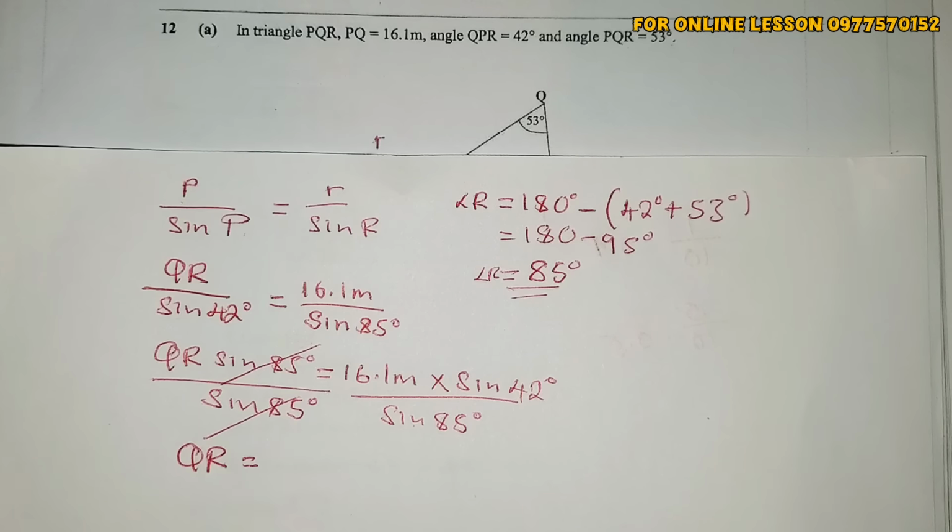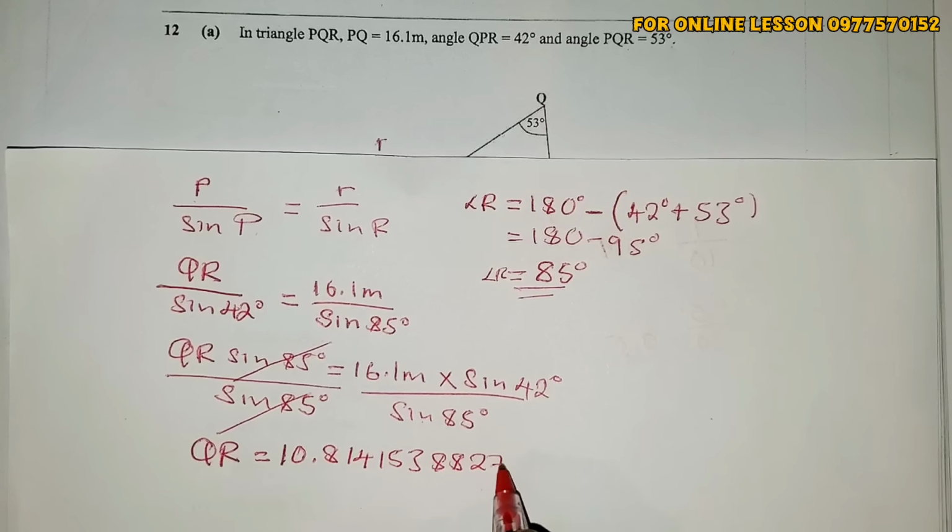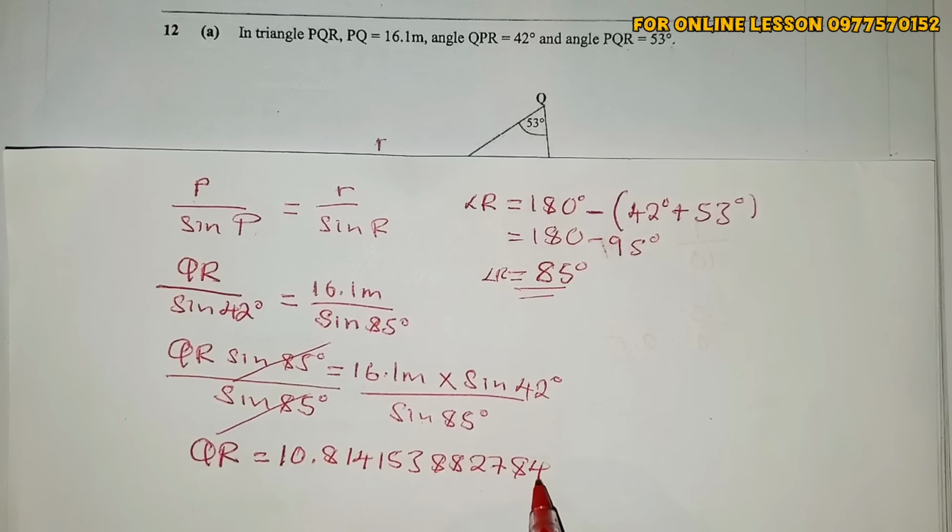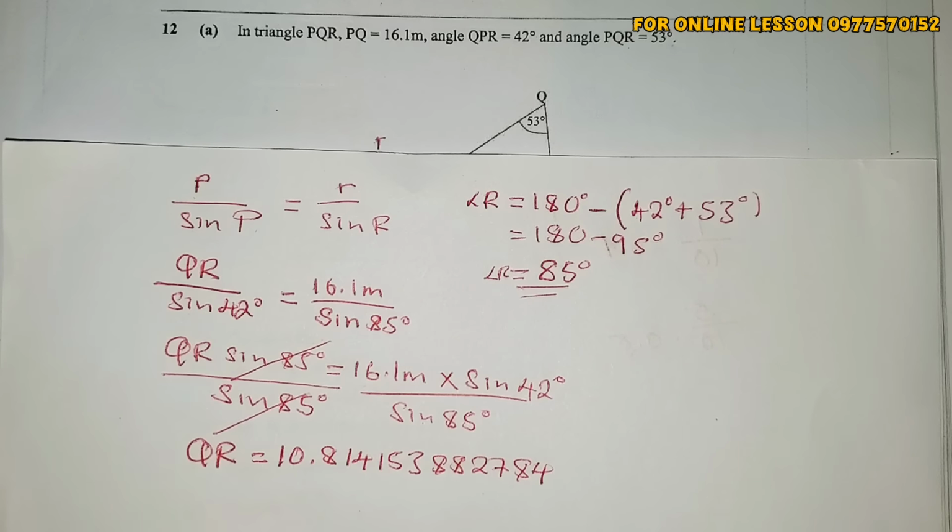Okay, so after calculating here, the answer is 10.814153882784. Now, the degree of accuracy is not specified here. You're not told to leave our answer to any decimal place or significant figures.